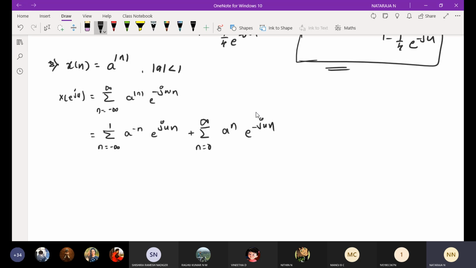Then for the first term, replace n by minus n. You will get summation n is equal to 1 to infinity a power n e power j omega n, plus summation n is equal to 0 to infinity a power n e power minus j omega n.